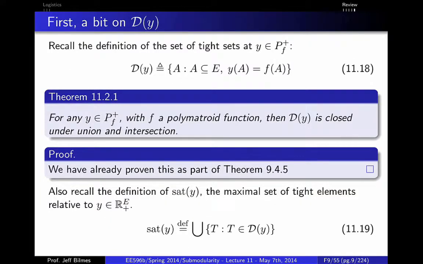A couple of other things that we defined, which are very important: D(y), which is the lattice of tight sets. The reason why it's a lattice is because it's closed under union and intersection. We also defined the one element of that lattice, which is the sat function, or in some sense the closure function, and we will see it again in the context of today's lecture.